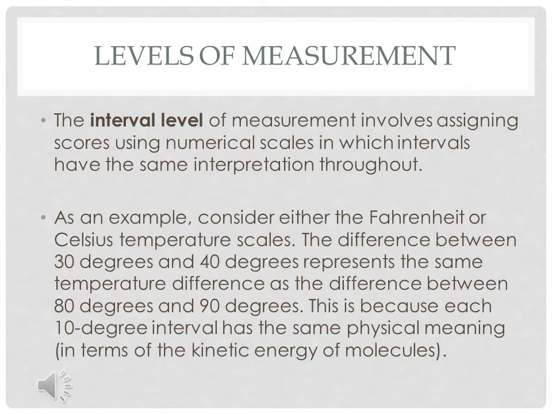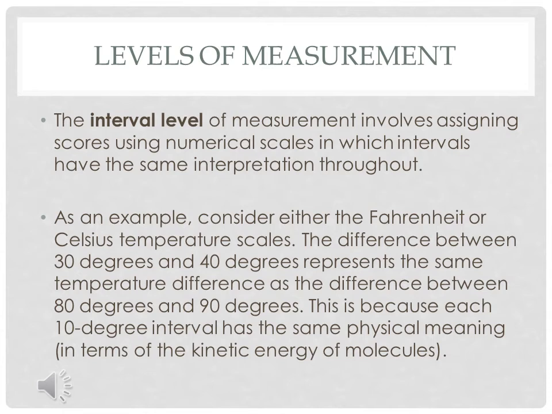Here we can have an example: consider either the Fahrenheit or Celsius temperature scales. The difference between 30 degrees and 40 degrees represents the same temperature difference as the difference between 80 degrees and 90 degrees. This is because each 10 degree interval has the same physical meaning in terms of the kinetic energy of molecules.